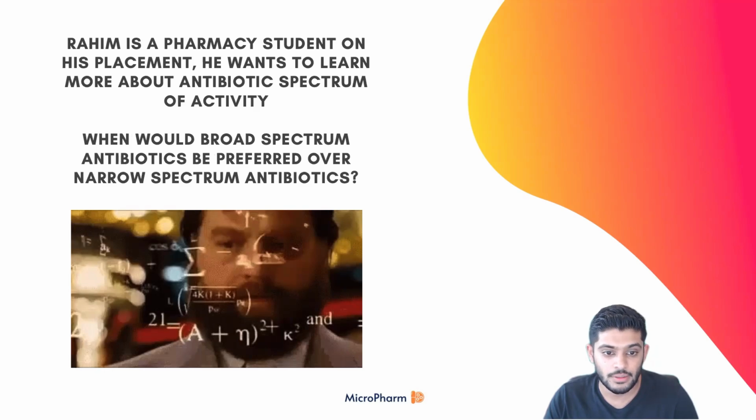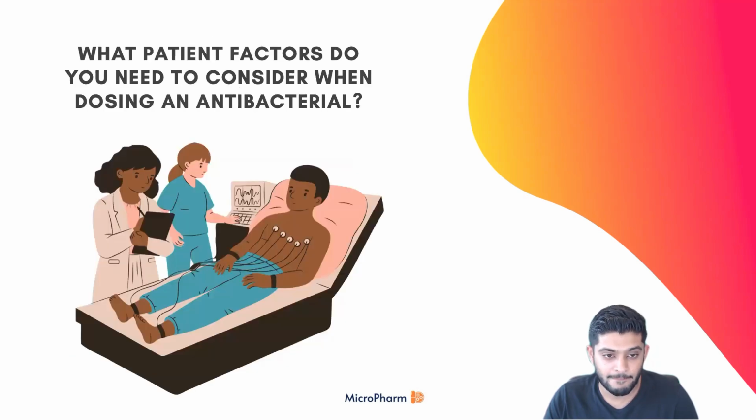So when you're going to start treating a patient with an antibacterial, so an antibiotic, what patient factors do you need to take into consideration? Let's consider the patient's allergy status, because of course that will determine which antibiotics they will receive.